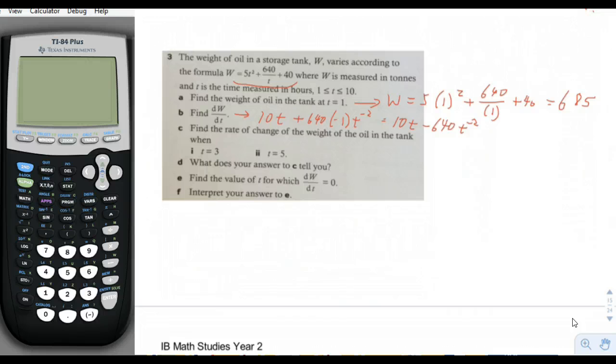Then it says find the rate of change of the weight of oil in the tank when t equals 3 and when t equals 5. That just means we take the dW/dt expression and substitute in t equals 3 and t equals 5.